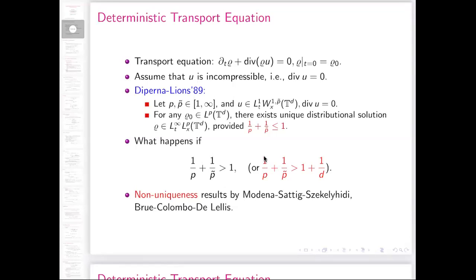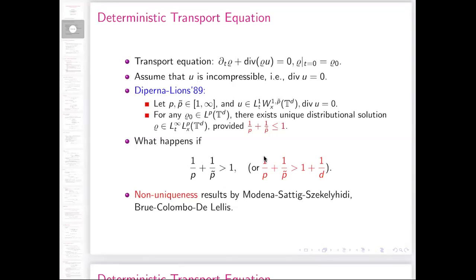Everything started with the following result from DiPerna–Lions in '89. This is a famous paper of DiPerna–Lions. Whatever I have written is a stripped down version of their full result, because I don't need the full result.